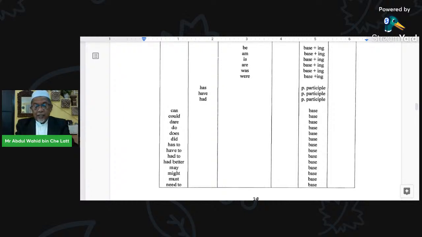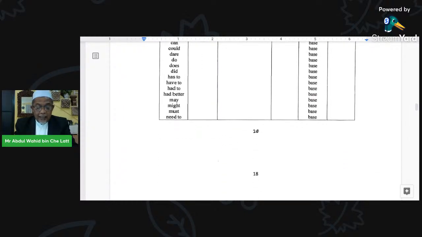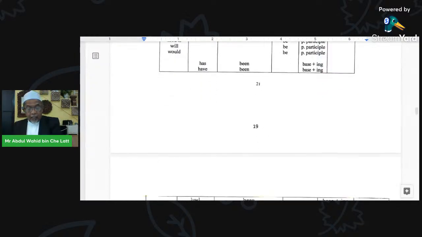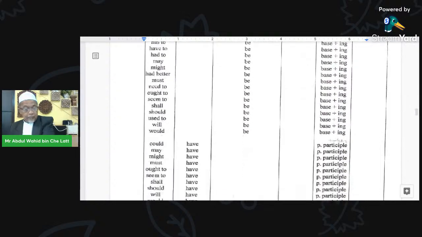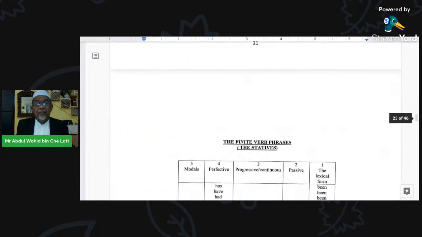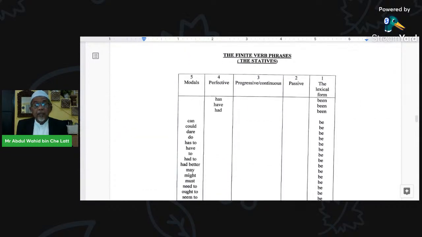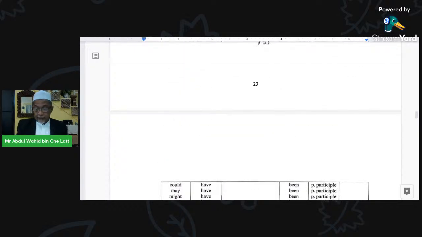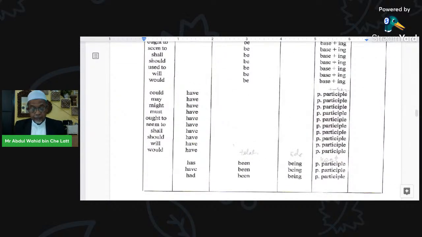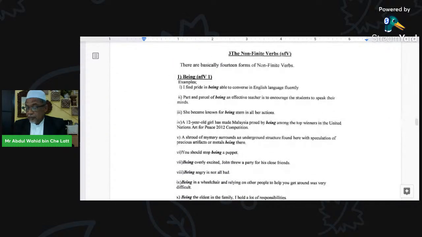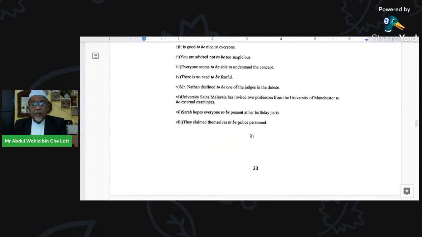To understand how this system works, let us do some exercises. Look at handout 1 entitled Write Well Program, the finite verb phrase. Look at sentence number 1: Ripe mangoes boleh dimakan fresh.